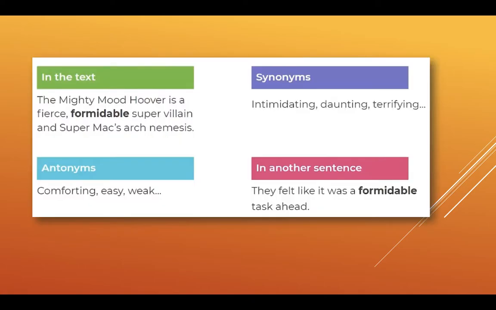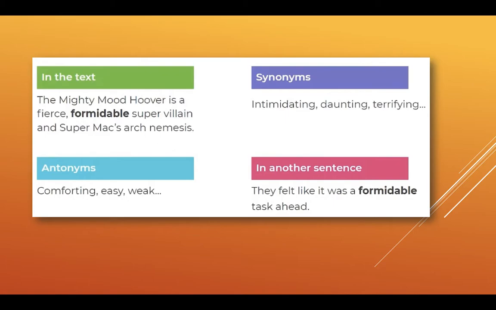Right, we have a word of the day. So Mighty Moody Hoover is a fierce, formidable supervillain and Superman's arch nemesis. So formidable means to be intimidating, daunting, terrifying.